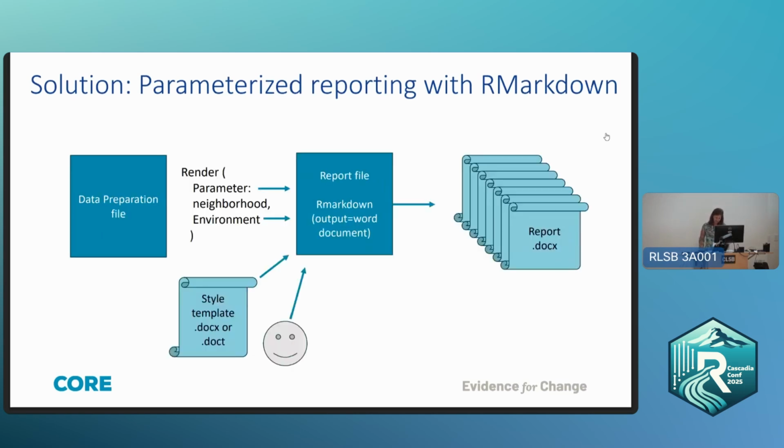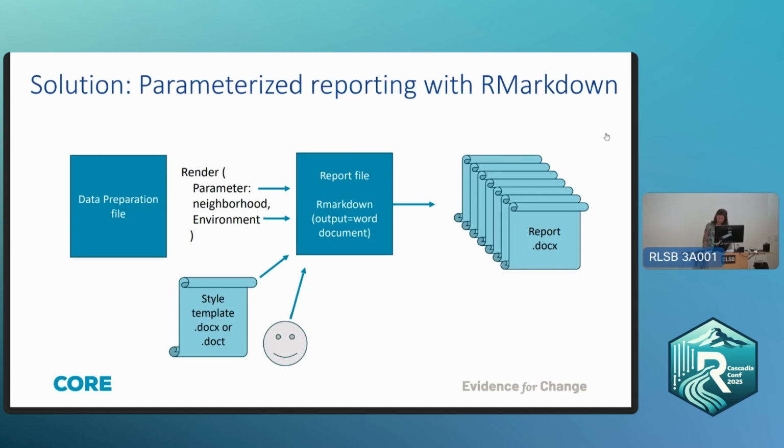To connect the two files, you call the render function at the end of the data preparation file. The name of the neighborhood is sent through the value of the parameter argument of the render function. And the render function in R Markdown also allows you to pass the parent environment from the data preparation file to the R Markdown file, meaning all of your carefully cleaned and crafted data objects from your data preparation file are available to be used in the report file without re-importing them, which was useful for me.